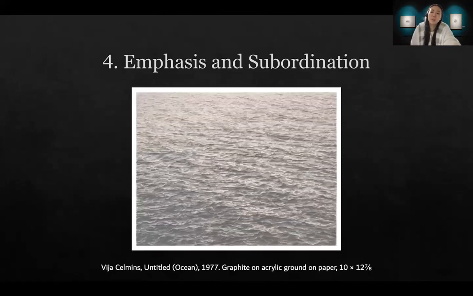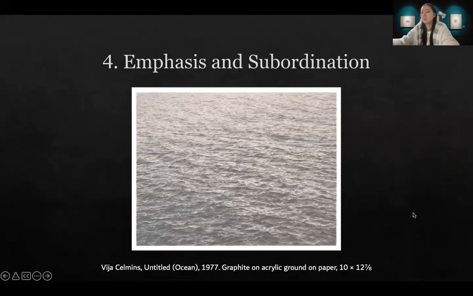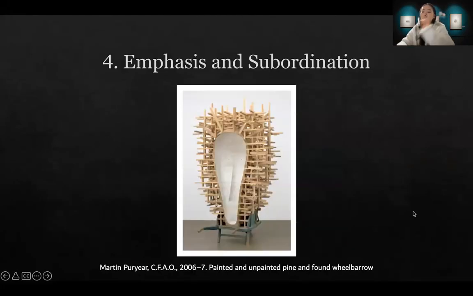Sometimes an artist is interested in emphasizing an entire work in its wholeness, like this work of art. The whole gentle waves are emphasis in this work of art. Emphasis can also be used to draw attention to a large portion of a work.